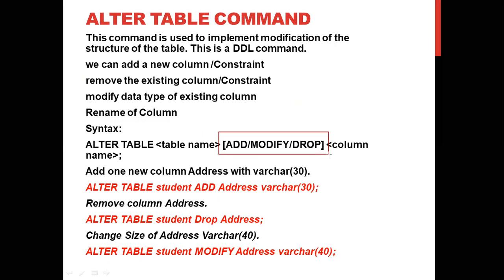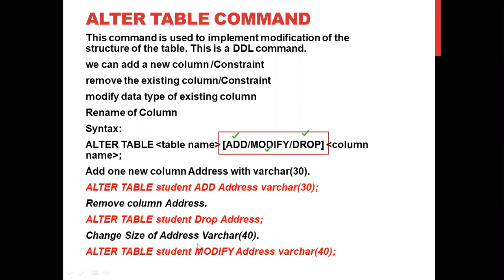If we want to add a column and constraint, then we write add. If we want to delete, then we use drop. If you want to change the data type of an attribute or column, then we use modify.